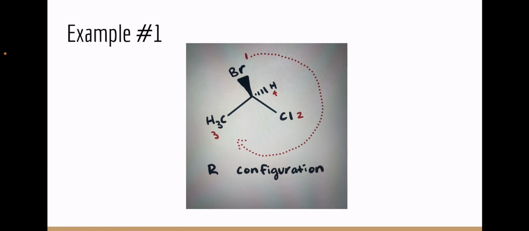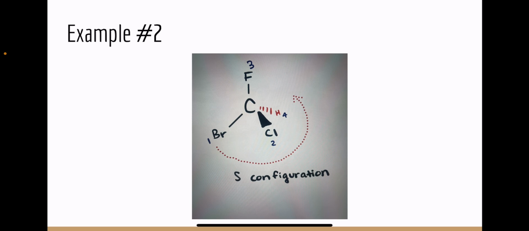It has the highest atomic number, so that will get priority number 1. Chlorine has priority number 2 with the next highest of 17, and then CH3 will have priority number 3. As you can see in this molecule already, the hydrogen is oriented away from us, our priority number 4. In this one, we are moving clockwise, so we will have an R configuration.